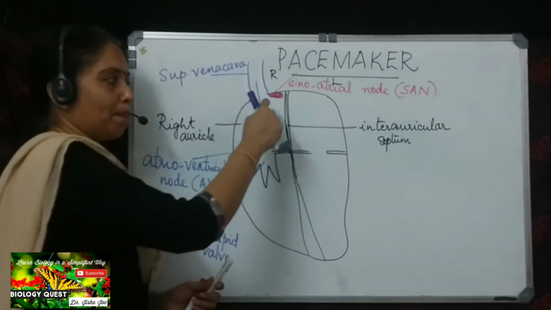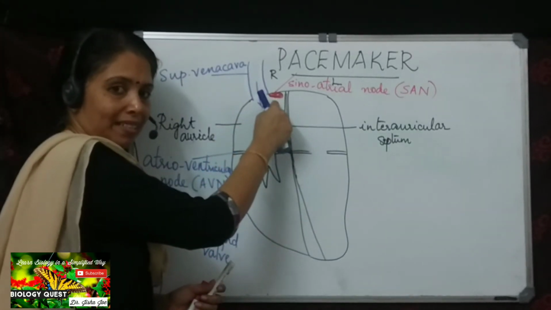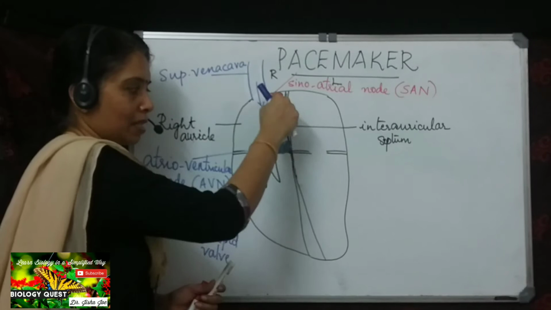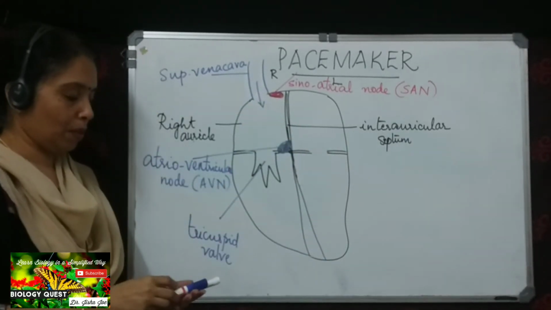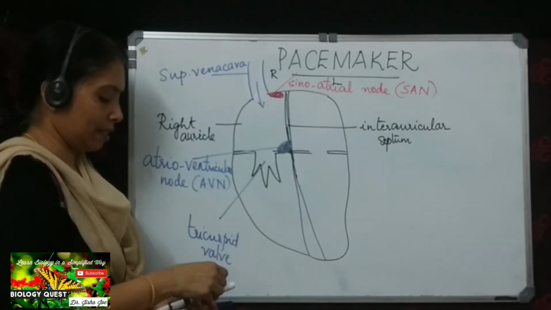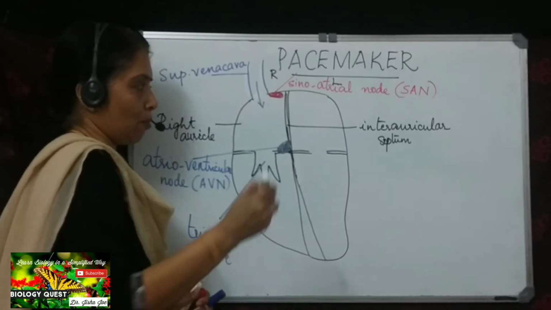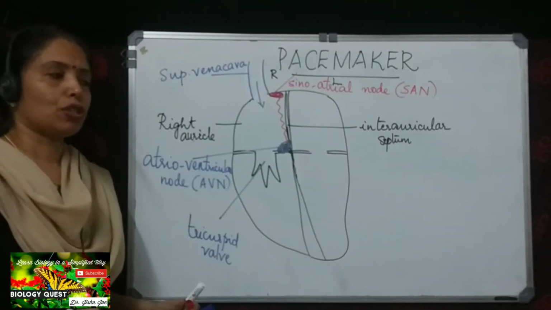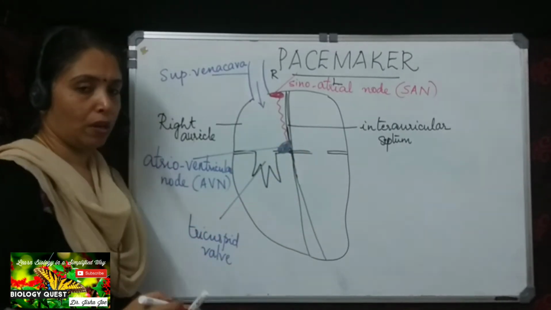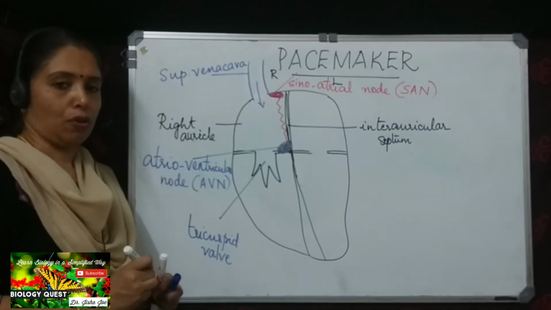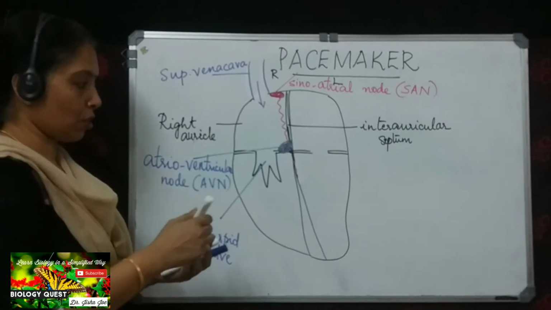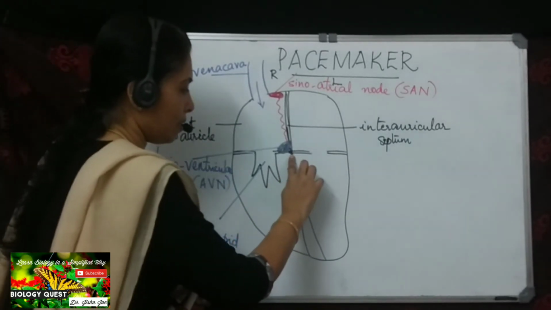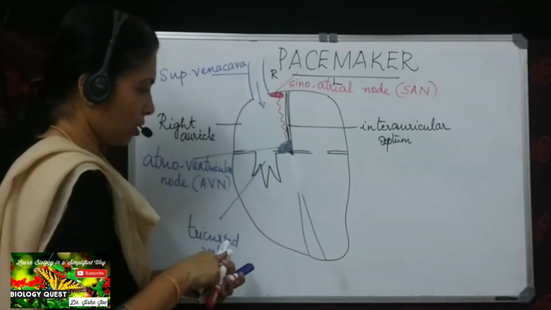So the impulse or the command which originates here is transmitted to the AV node, or the atrioventricular node. Then from the atrioventricular node, what is this septum?